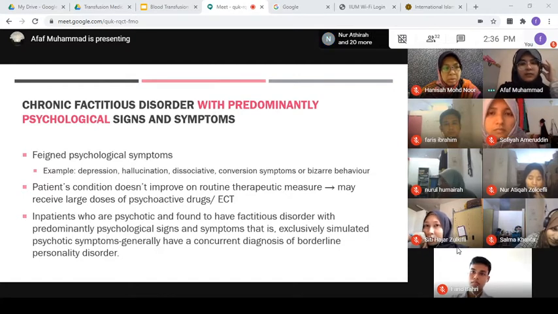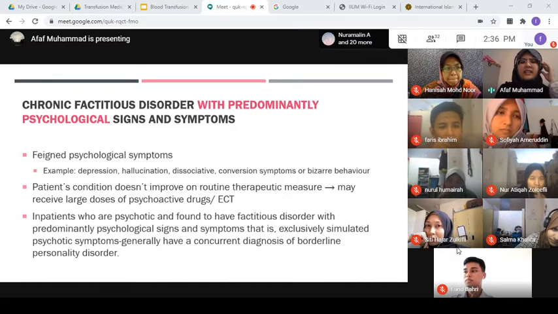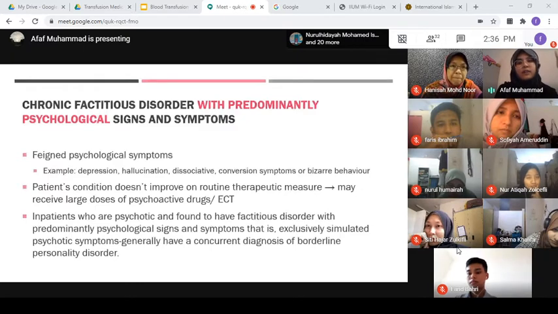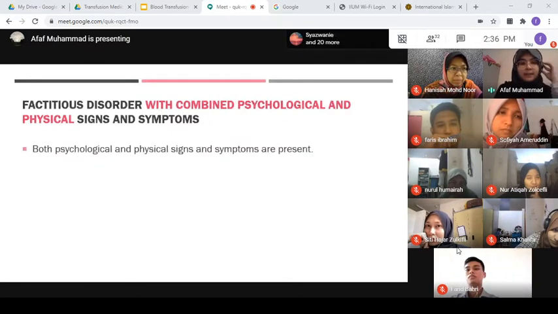Also, these kinds of patients usually in the end are found to actually have a diagnosis of borderline personality disorder because of the impulsivity of their actions and all that. Okay, and this one is whereby there is a combination of both psychological and physical signs and symptoms.